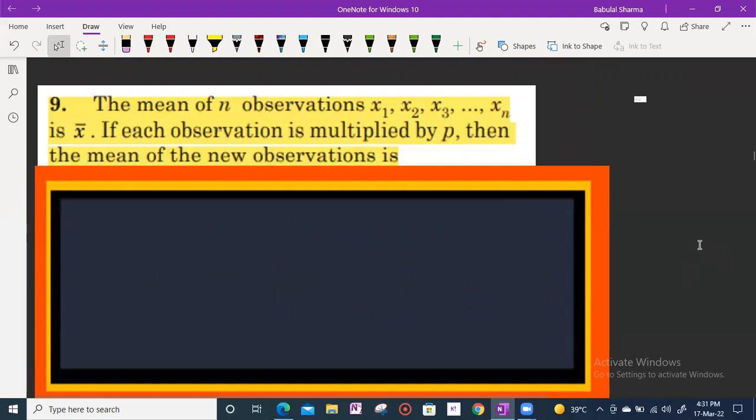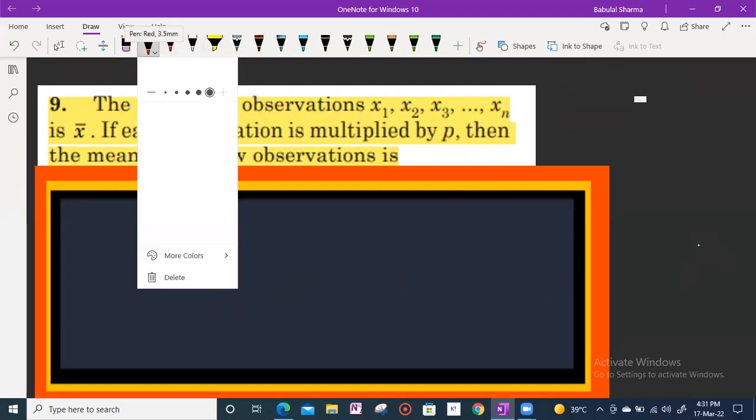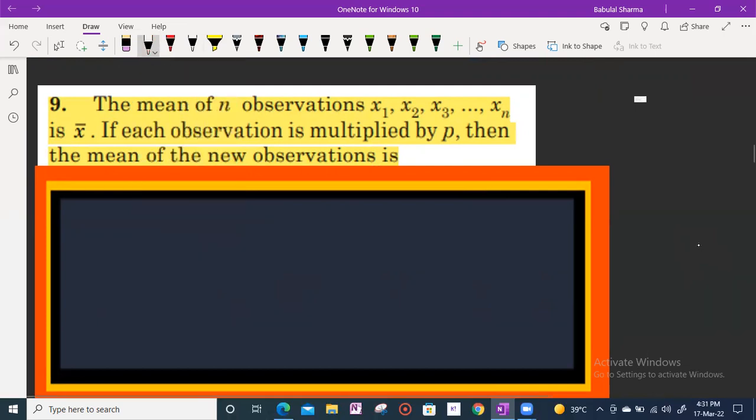The mean of n observations, meaning the total number of observations here is n, that is x1, x2, x3, xn is x bar. If each observation is multiplied by p, then the mean of the new observation is, actually this is a question of ninth class.